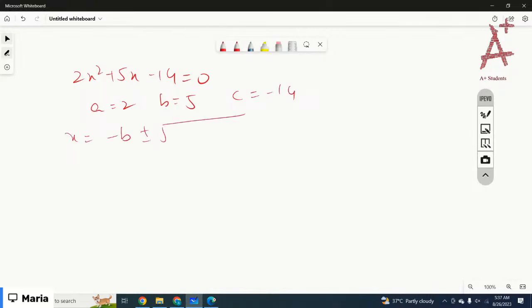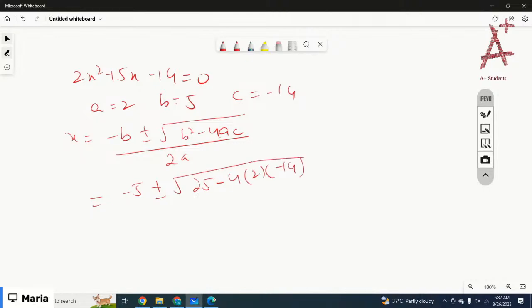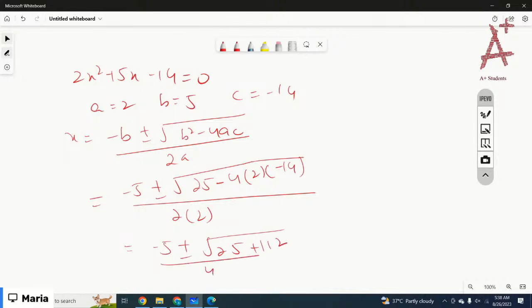So x equals minus b plus minus square root b square minus 4ac divided by 2a. Minus 5 plus minus square root 5 square 25 minus 4, a is 2, c is negative 14, divided by 2a. So you have negative 5 plus minus square root 25 plus 4 times 2 is 8 and 8 times 14 is 112 over 4. It would be minus 5 plus minus square root 137 over 4.